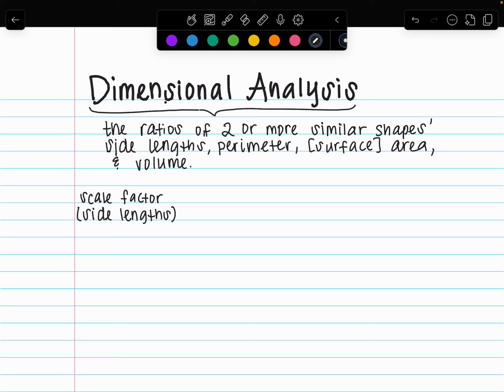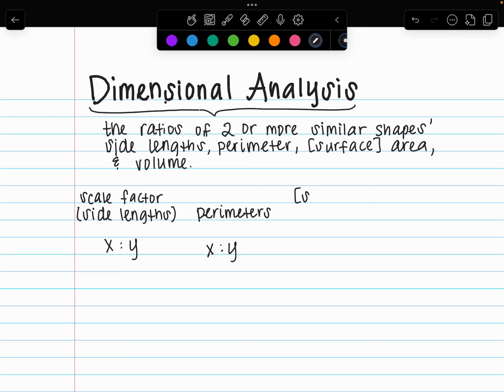The ratio of the side lengths would be x to y, for example. I'm just using variables. And then for the perimeters, if you were to compare the ratio of the perimeters of that same shape, or the base perimeters if you're talking about a three-dimensional shape, that would also be x to y.